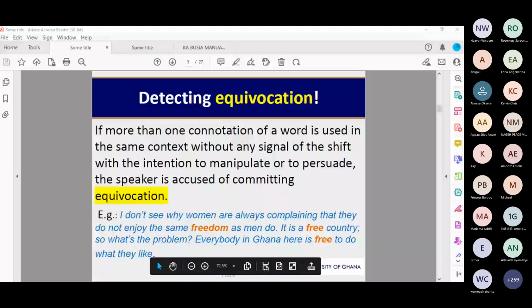Then the sister, who is the applicant, the one who has applied for the job, comes to sit before the interview team and says, if it is a responsible person you are looking for, then I think I am the one, because at the company I left before coming here, whenever something got missing, I was responsible for that. That is equivocation: whenever something got missing in that company, I was responsible for that missing item.